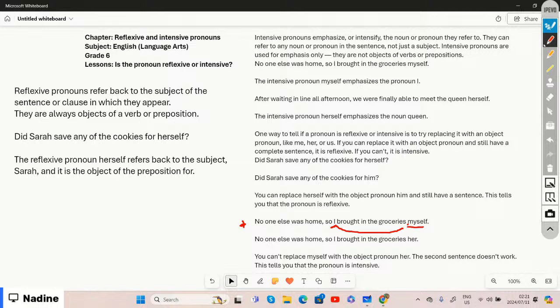And if we replace the word myself with an object pronoun, then we can say, no one else was home, so I brought the groceries her, right? This does not make sense at all. It doesn't work, because that sentence doesn't sound right. So that is an intensive pronoun, or we can say the pronoun is intensive.